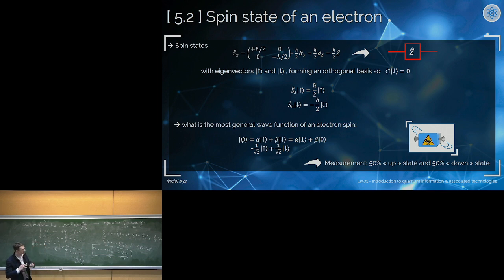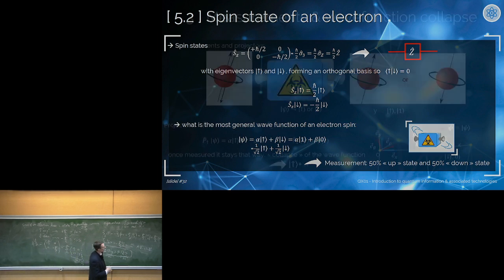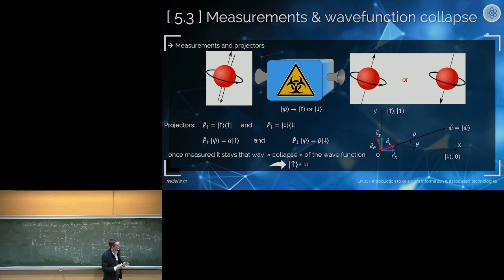Right. So now let's go a bit further for today into the notion of measurements and the notion of the collapse, or the wave function collapse. So what is a measurement? In quantum mechanics, a measurement is when you take your quantum system, in the most general way. If we're talking about the spin of an electron, then it's alpha up plus beta down.